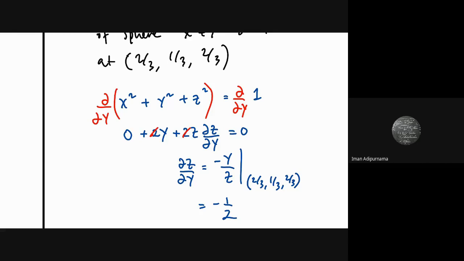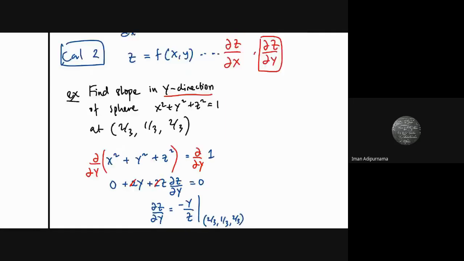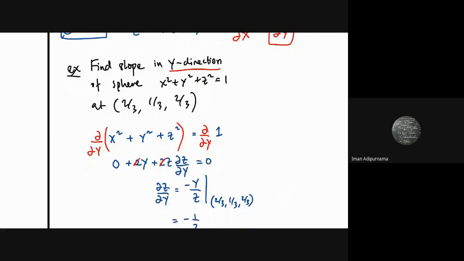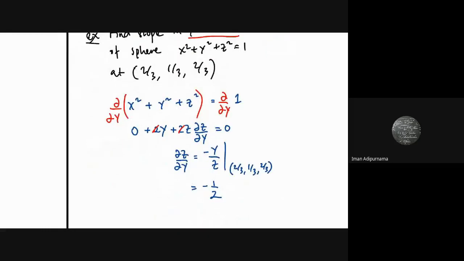So if you have difficulty with some partial problem, especially if you want to deal with physics, and you know that it is at least a two-variable problem, you can do this implicit partial. Okay, in practice it's very easy.